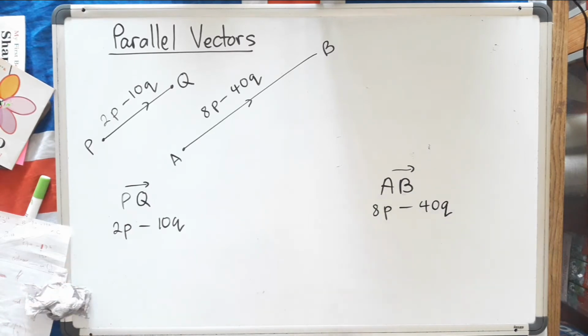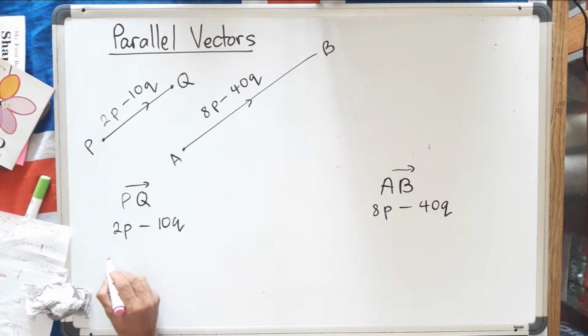Right now, the two vectors do not look the same. If they looked the same, your job would have been super easy. You could have just simply said the two vectors are parallel because they have the same exact value. But unfortunately for us, they don't look the same. So here's how you prove it. We are going to factorize both expressions.